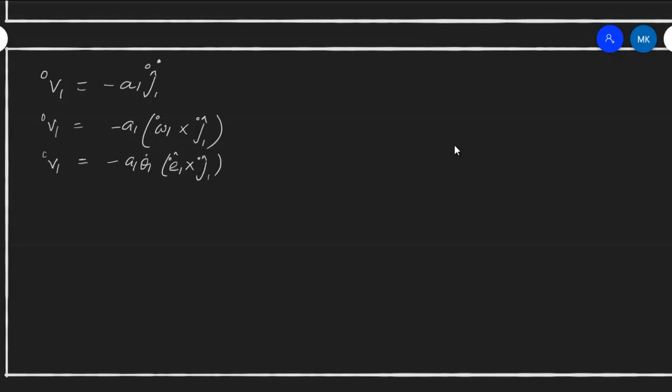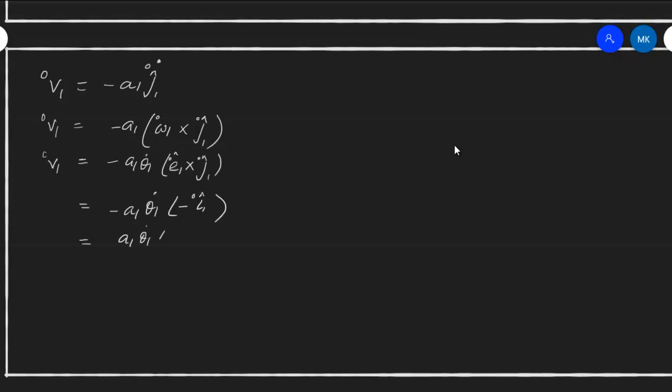This can be simplified to minus a1 theta 1 dot minus i1, since e cross j is minus i1. Fine, so you can write it as a1 theta 1 dot.